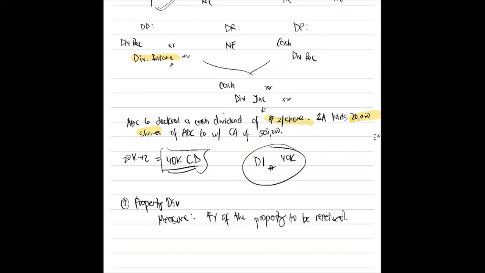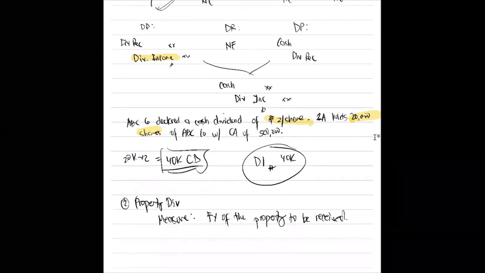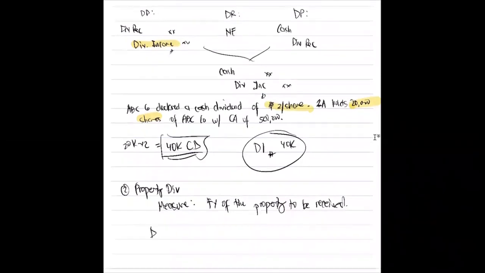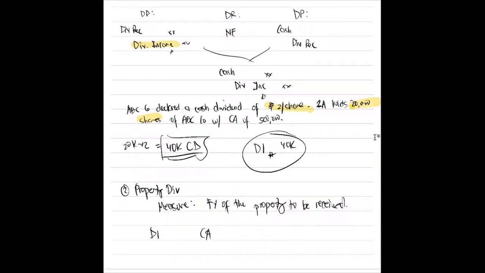So whatever is the fair value of your property to be received, that is the amount of your property dividend. Now the question again here lies as to the effect of this type of dividend to your dividend income, to the carrying amount of the investment, also as to the cost per share and the number of shares.